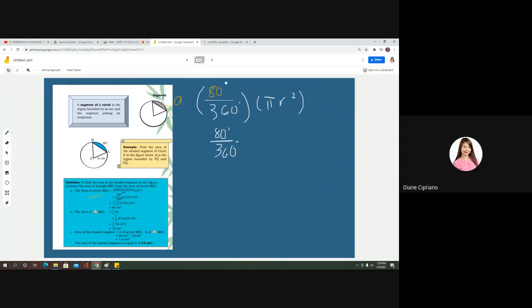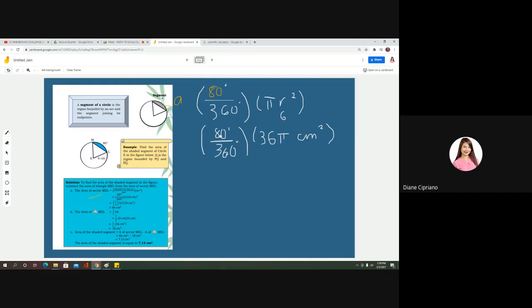So we can now make it as 36 pi cm squared. And then using the cancellation method, by the way, the lowest term of 80 over 360, so let's have its lowest term.